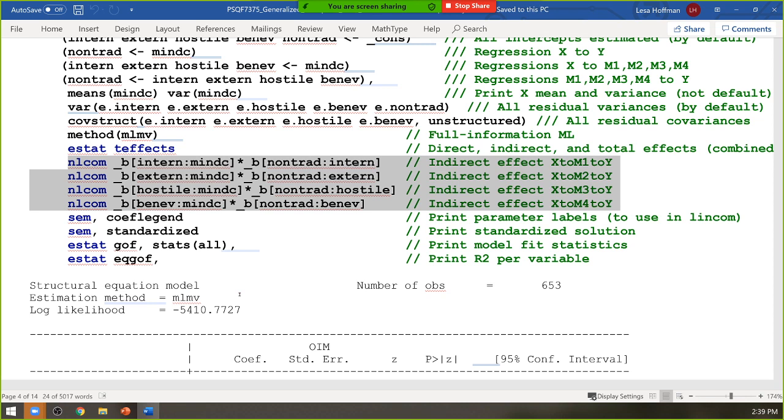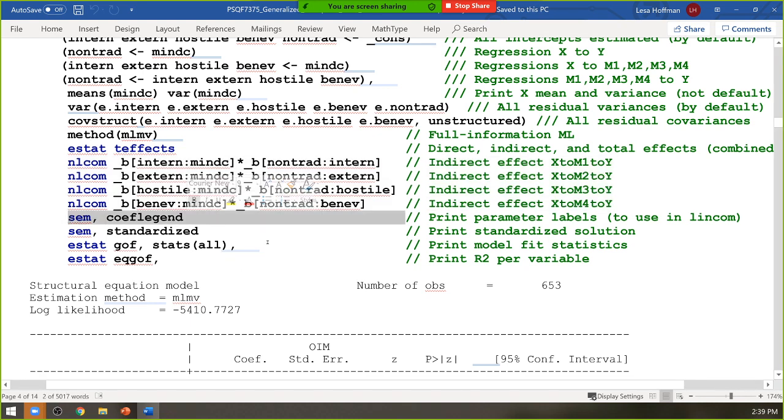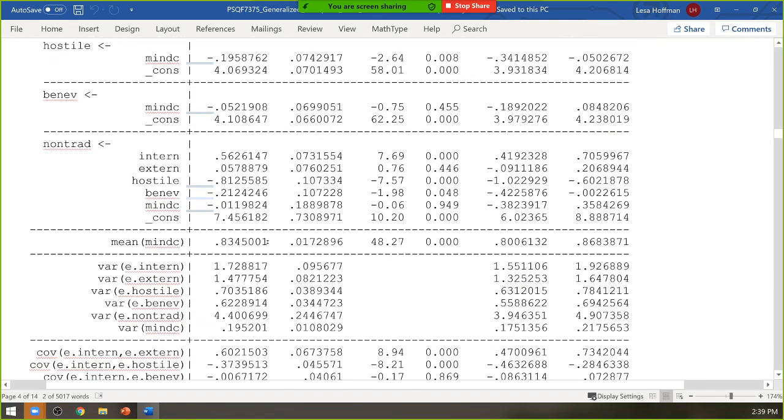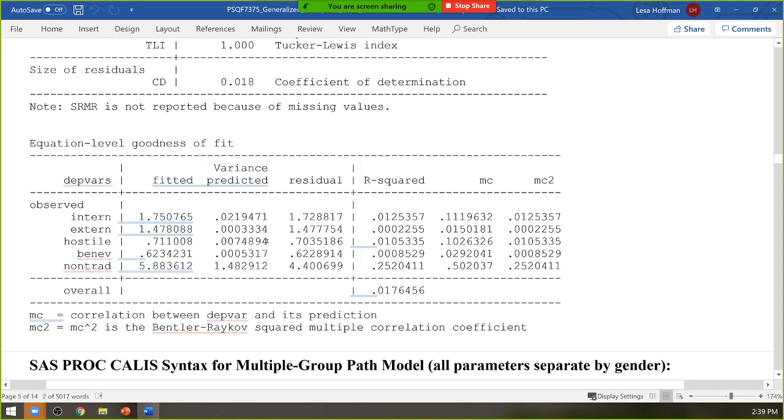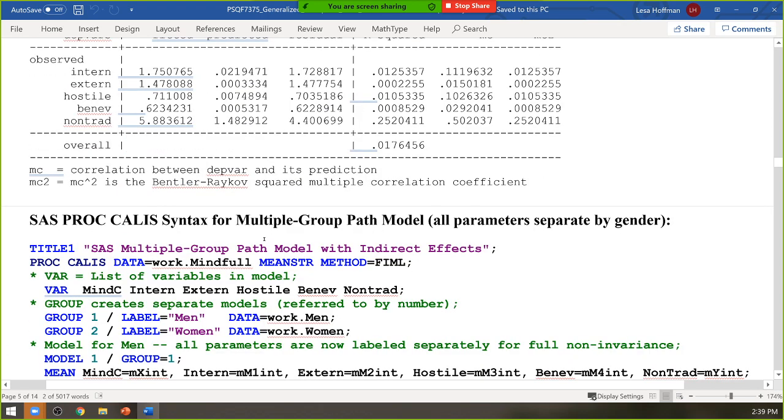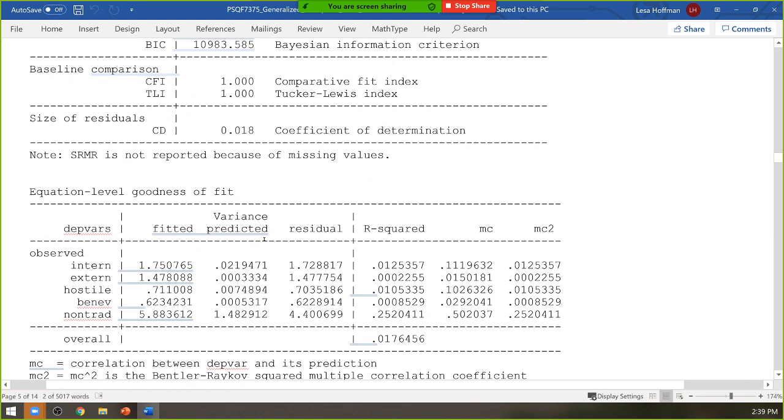It's possible, particularly for NLCOM. There was an example that I made a couple of years ago that when I got it out for this class no longer worked. So if you go down to this sem, coeflegend thing, let me find it in here. I think I put it in here. Maybe I did. No, I didn't. Of course I didn't this time. The one time I need to refer to it.